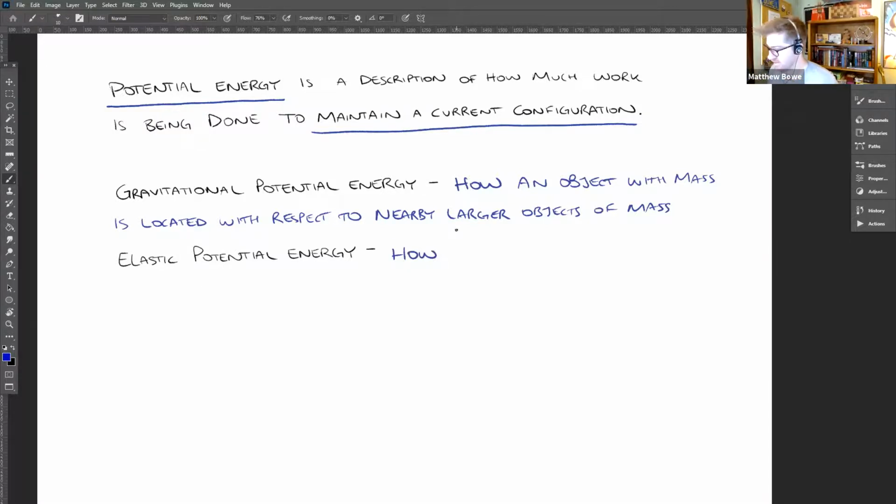How much energy it takes to maintain a current position for a spring.